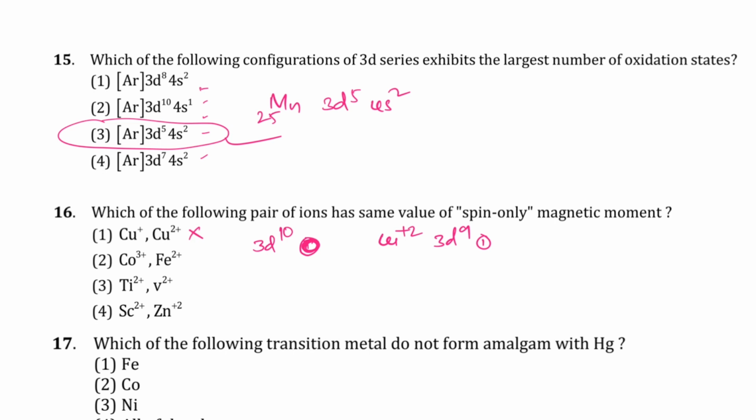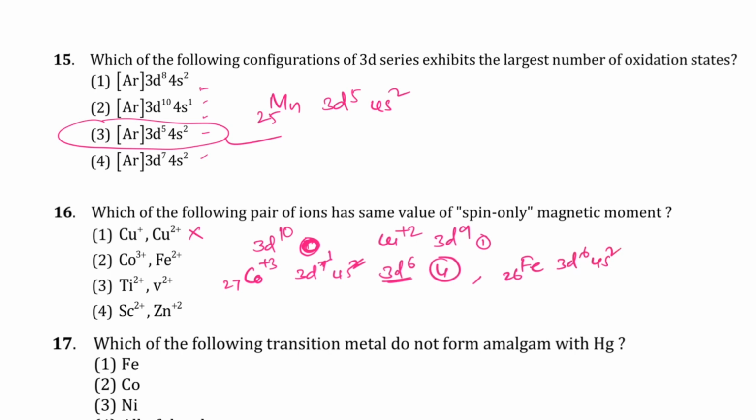And cobalt plus 3, what is that? First of all, you should know that cobalt has atomic number 27, 3d7 and 4s2. It means 2 are lost from 4s and 1 from 3d, so this is 3d6, which means 4 unpaired. And similarly, iron has atomic number 26, 3d6 4s2.